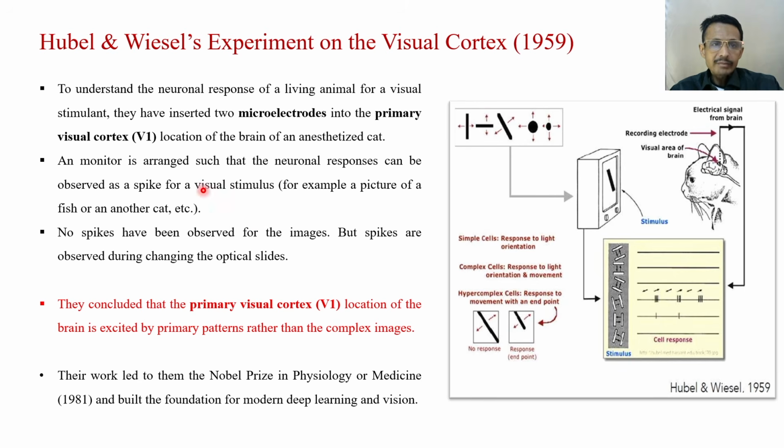They put slides in the optical slide presenter, images like a fish or another cat, so that it would visually stimulate and excite the cat, and they expected some neuronal response that could be seen as spikes.